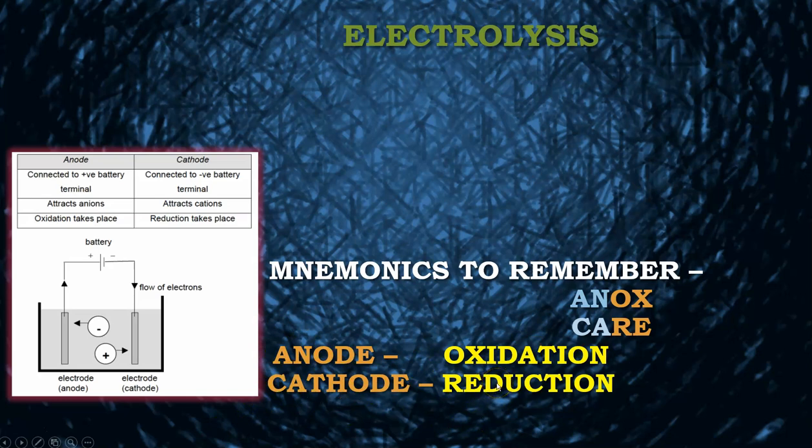And as we all know, reduction means gaining of electrons and oxidation means loss of electrons. So always remember, whatever element is present over in the anode terminal is going to lose electrons, and whatever ion will move towards the cathode terminal is going to gain electrons.